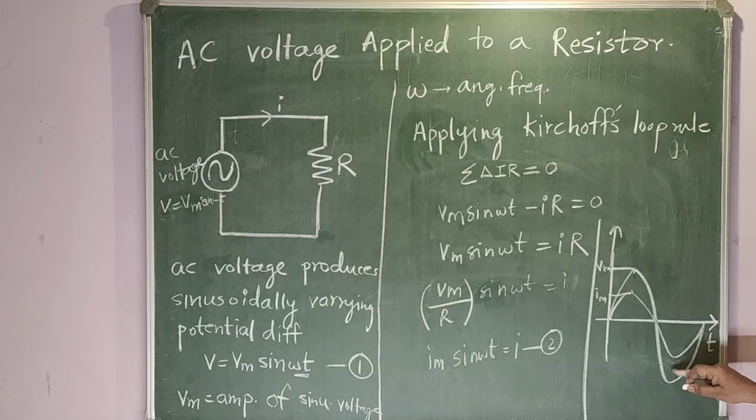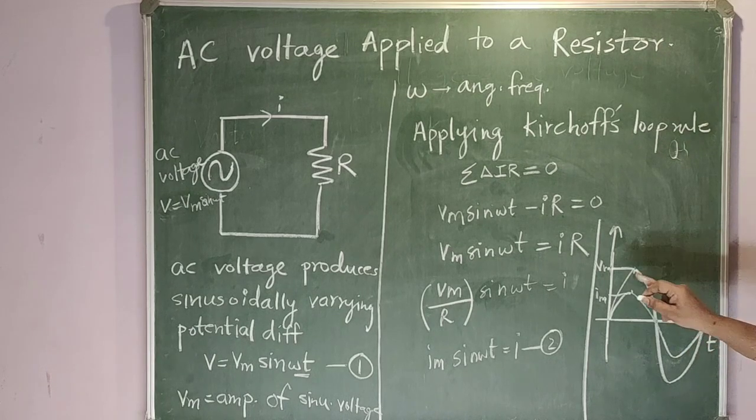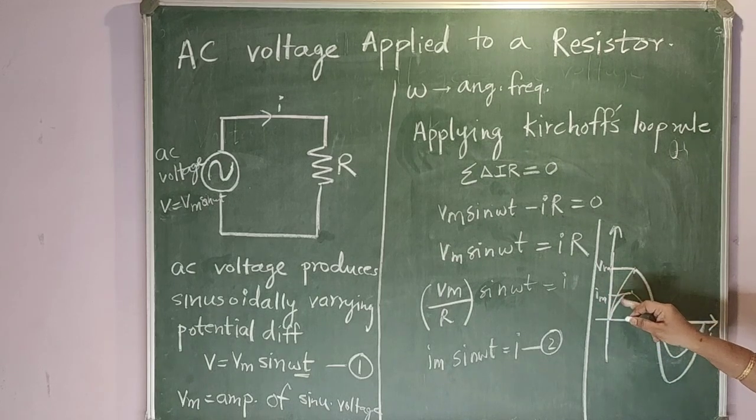The minimum value of current and the minimum value of voltage are also at the same time. So we can say that when the voltage and current both achieve minimum, maximum and zero value at the same time, then they both are in the same phase.